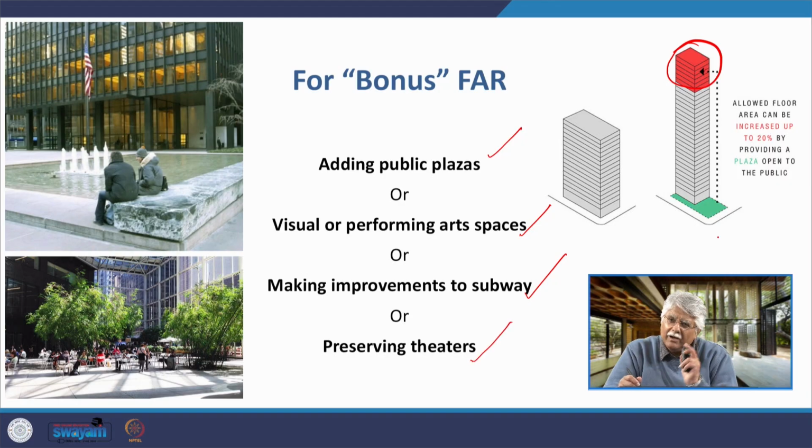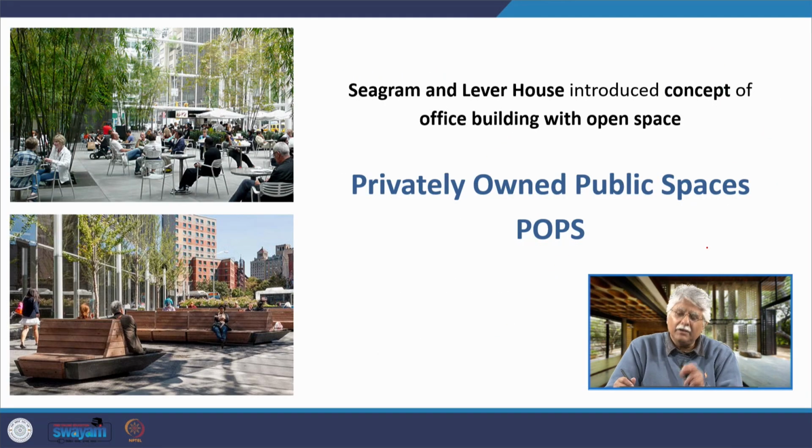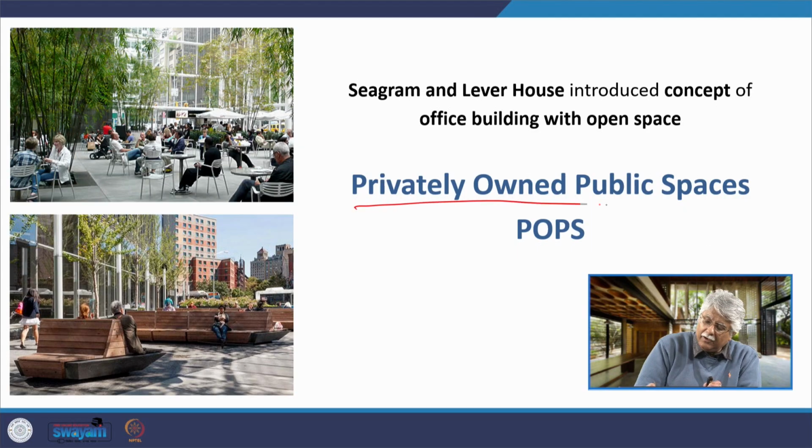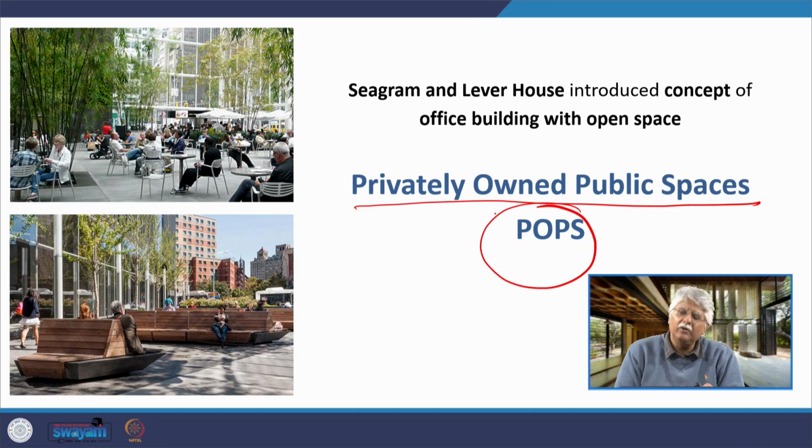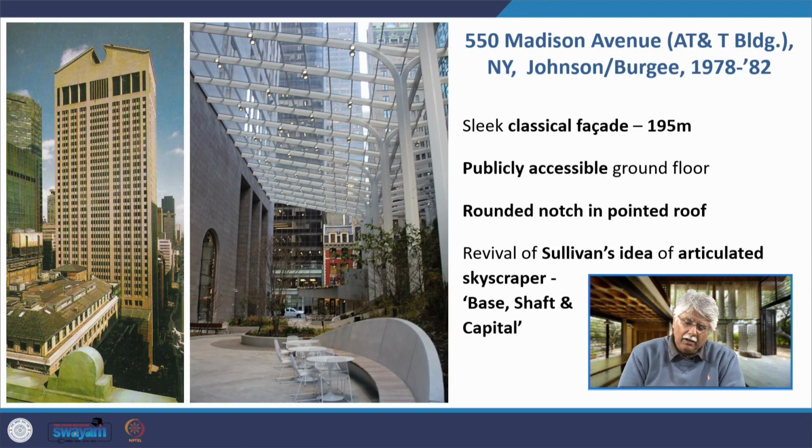Whatever the builder might do that gives benefit to the public, then the government gives benefit to the builder in terms of bonus FAR. The Seagram and Lever House introduced this concept, and this came to be known as privately owned public spaces, or POPs. It was a win-win situation because the public could get the kind of public spaces that they needed, the builder could get the bonus FAR that he needed, and both were the winners.